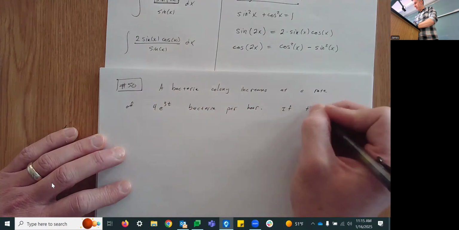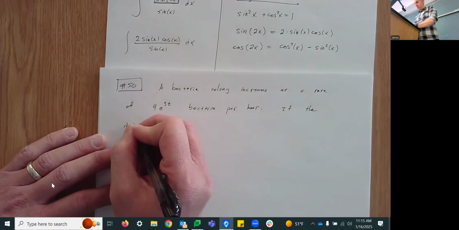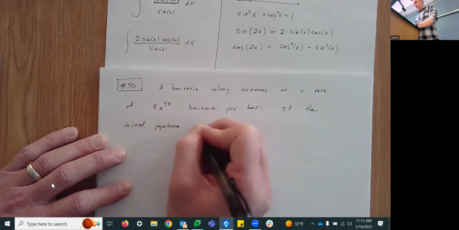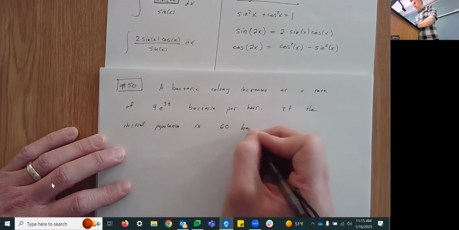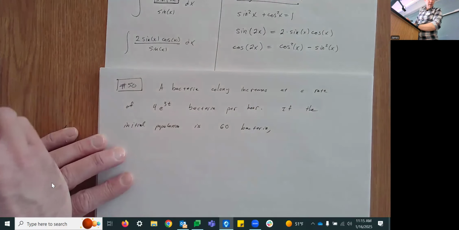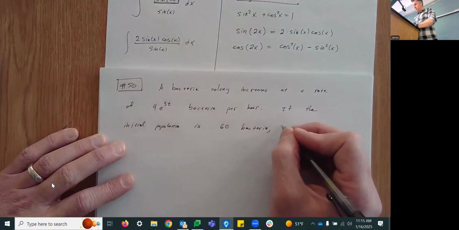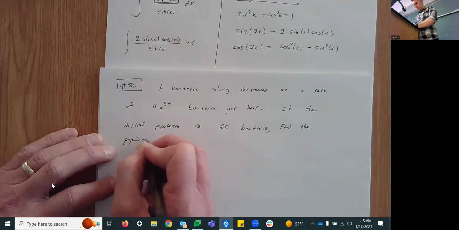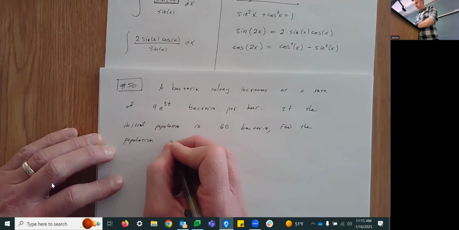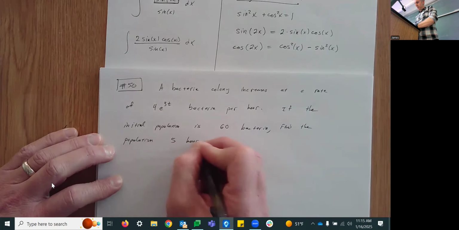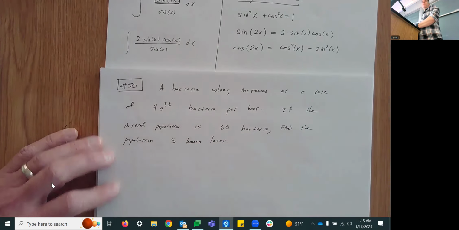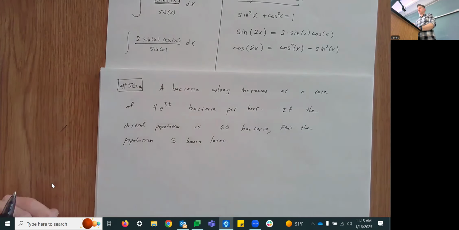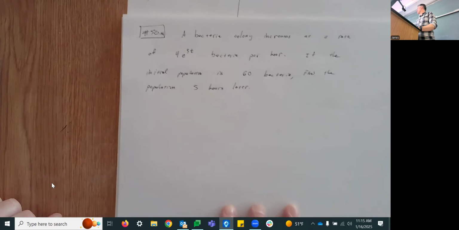If the initial population is 60 bacteria, find the population 5 hours later. It's number 50-ish. Okay.